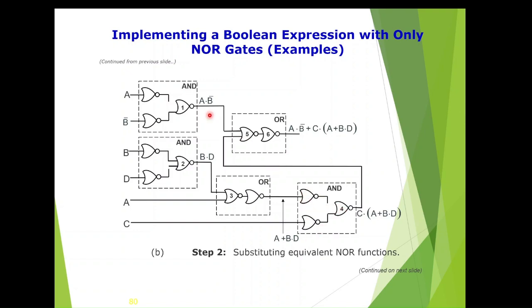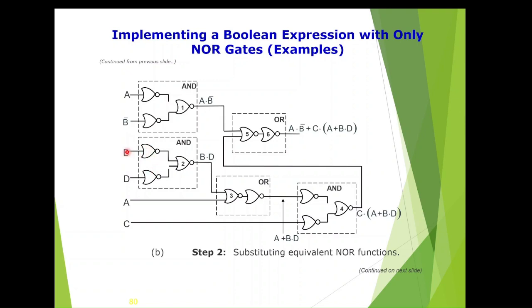So now if you see, here we need an inverter. A should be passed through an inverter, and that should be given as the input to the first gate. So we will be getting A bar here, and B bar already is there. Now we have to give B. Similarly here B and D we have to pass through an inverter.